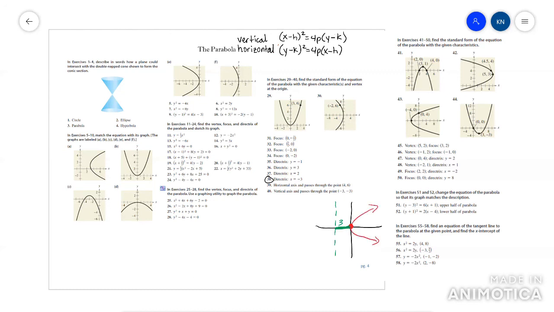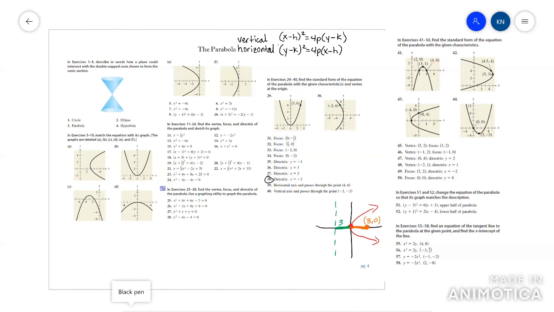And if I know the distance from that directrix to the vertex is 3, it means the distance from the vertex to the focus is also 3. So that puts my focus at 3, 0. I think I got some of my words mixed up there. It's been a long day.